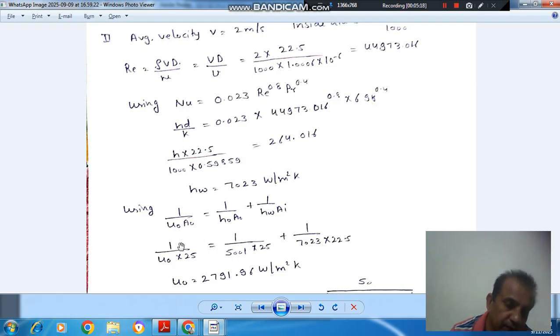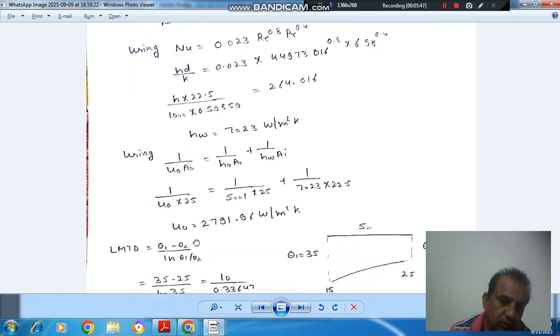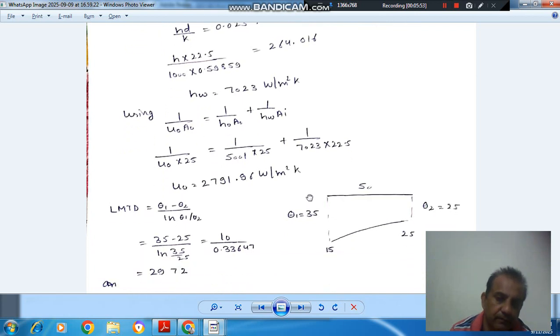Suppose we take the unit length, then area is pi d L, pi is same for all, L is same for all, that is unit. So A naught can be replaced by 25 and A_i can be replaced by 22.5. And h_i we have calculated, h naught is given, so U naught comes out as 2791.96 watt per meter square per degree Kelvin. So this is the overall heat transfer coefficient based on outer surface.